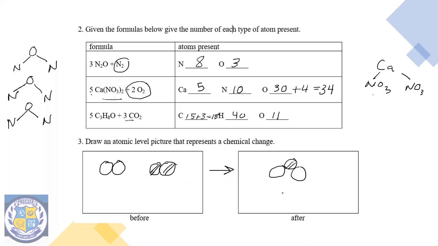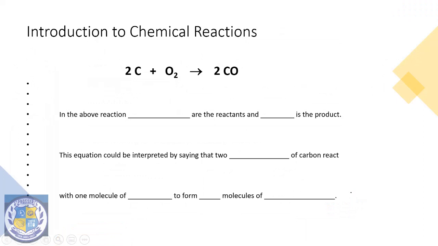Now to fix this, remember, I can't have atoms magically appear and magically disappear, so I have to do this. Right, so this is H2, and there's 2 of them, plus O2, and then we get 2H2O. Okay.